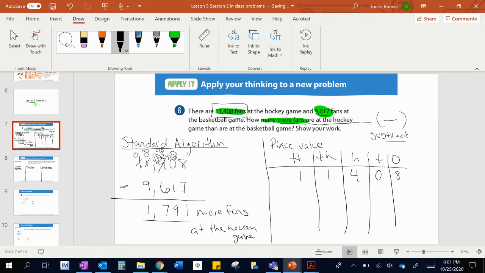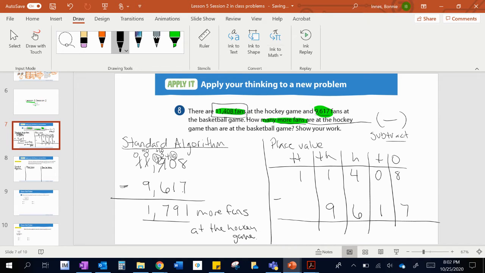Actually, I forgot that in place value, we put both of them. It's in base 10 blocks. Minus 9. Oops, that's not in the right spot because we don't have 9 10,000s. We have 9,000. That's another thing we have to remember, we have to put it in the right base value spot. This has 0 10,000, so I can't put a number in the 10,000 spot. It has to start in the 9,000s and the thousands. So 9,617.